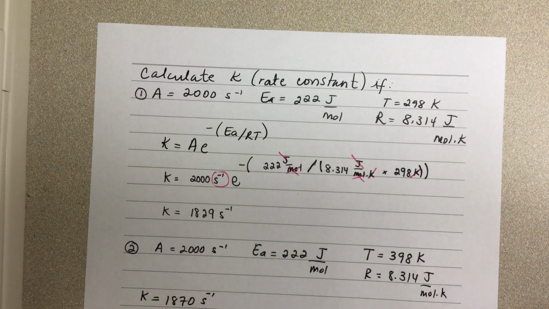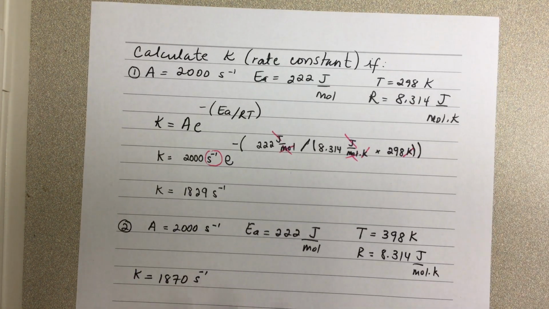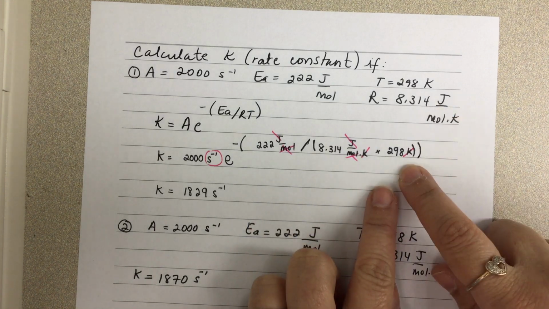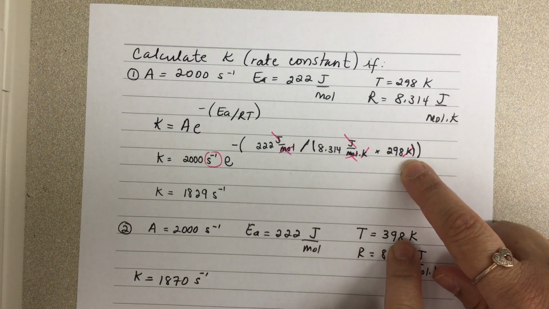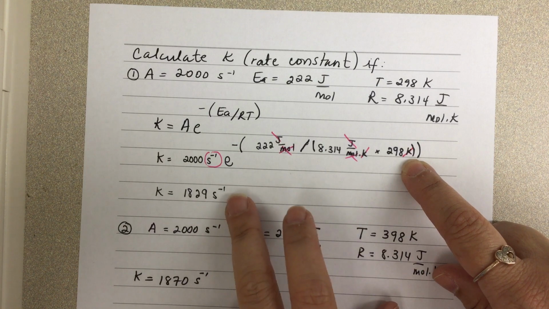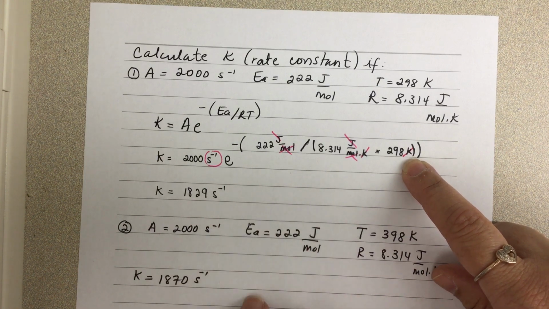But you should be able to see that when your temperature is 298, a lower temperature than 398, your rate constant is a smaller number.